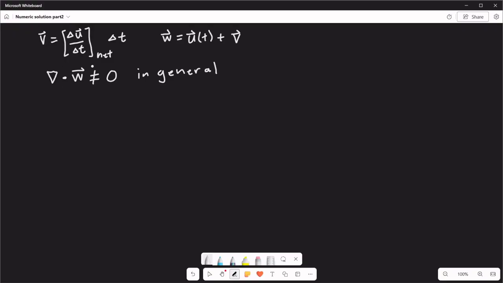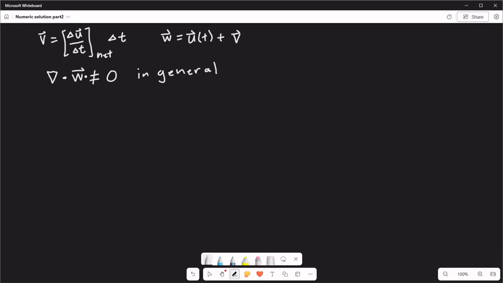And if divergence of W does not equal 0, then it cannot be the next velocity field, because that would imply that the fluid was either generating itself or disappearing. So at least it would imply that it's not incompressible.